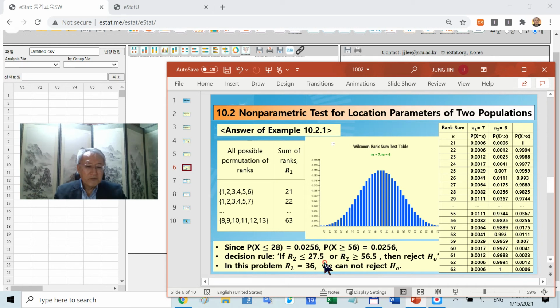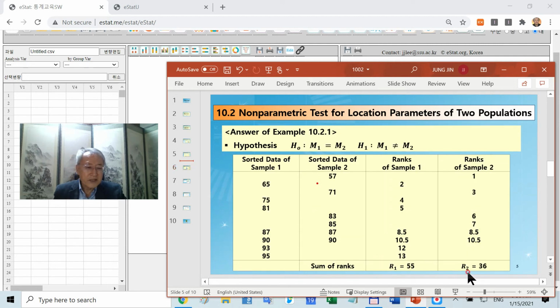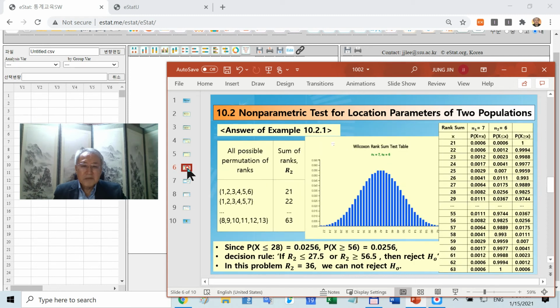In this problem, the calculated rank sum of the second population was 36. We calculated it in this manner, 36. That means 36 would be located somewhere here. Therefore, it has a good chance to accept H0.